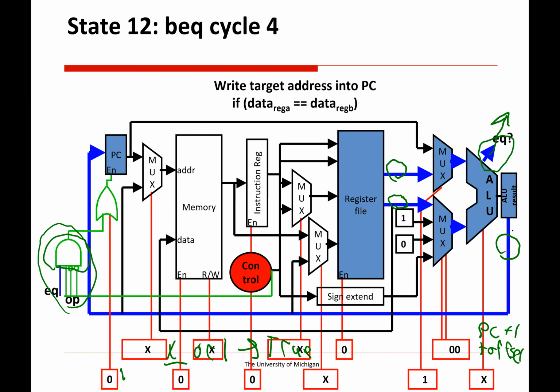On the next cycle, we are going to write that result to ALU result, but that's not going to update ALU result until the next clock tick. Until that point, ALU result is still outputting that result. Then on the next clock tick, the same time that we're overwriting this value with the garbage ALU result, we're also updating PC with the correct value. So we're saving it as soon as we're erasing it, so the value is still there. Oh, I see, because that's a register. Exactly. Okay, that makes sense. That answers the question. Thank you.